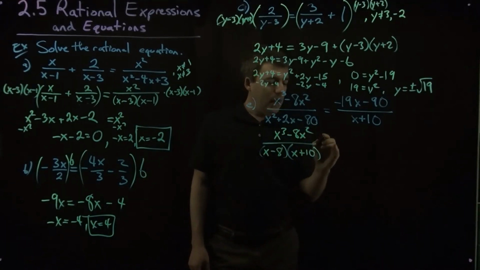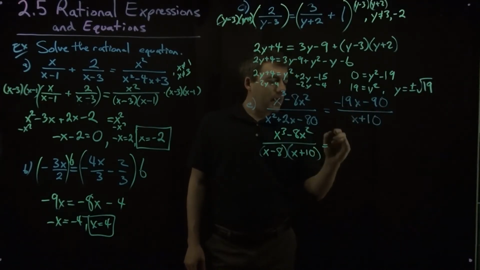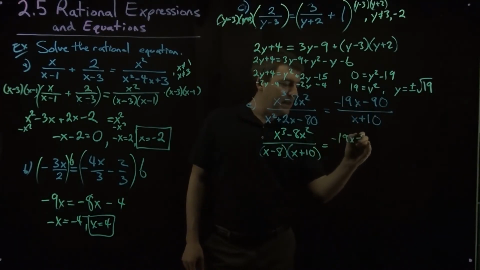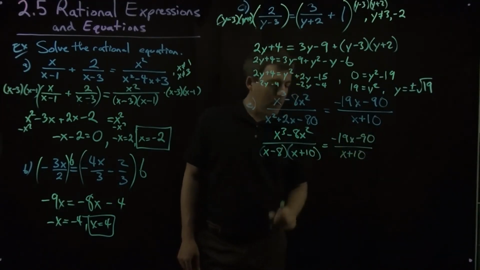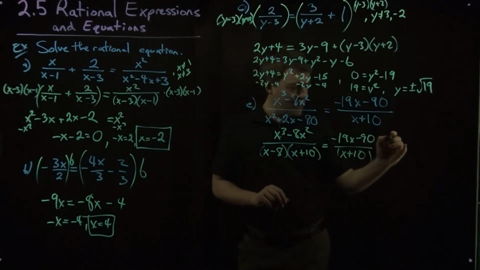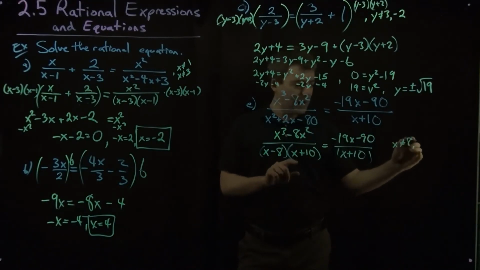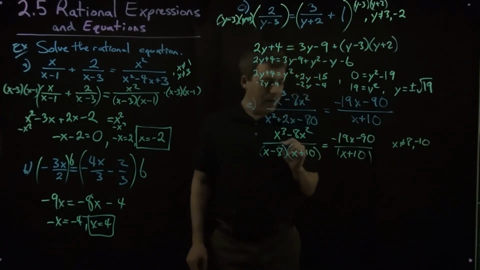Okay. And then over here we have negative 19x minus 90 over x plus 10. Okay. So looks like we'll have to exclude: x can't be 8, x can't be negative 10.